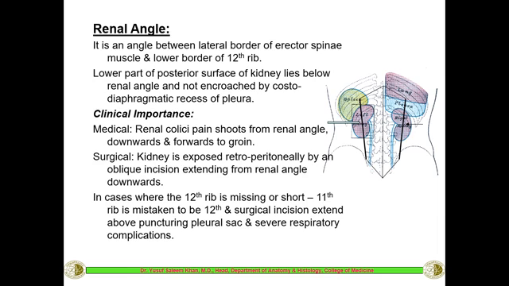At that time, the surgeons might miss this point, and if they take the incision much higher, they might injure the pleura itself and puncture it, and that might lead to other complications, especially severe respiratory distress, and sometimes maybe death also. So you should be very careful, especially when you are tracing the renal angle. Always remember that the renal angle is between the 12th rib and the lateral border of the erector spinae.